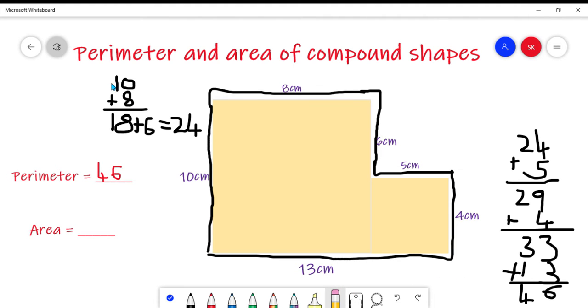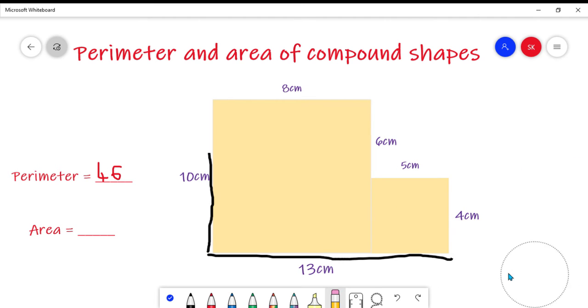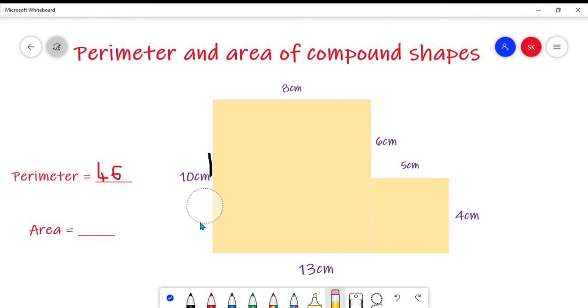So now let's work out the area. We'll get rid of this for now. Now, since this is a compound shape, to work out the area, it's better to work out the area of each individual shape.